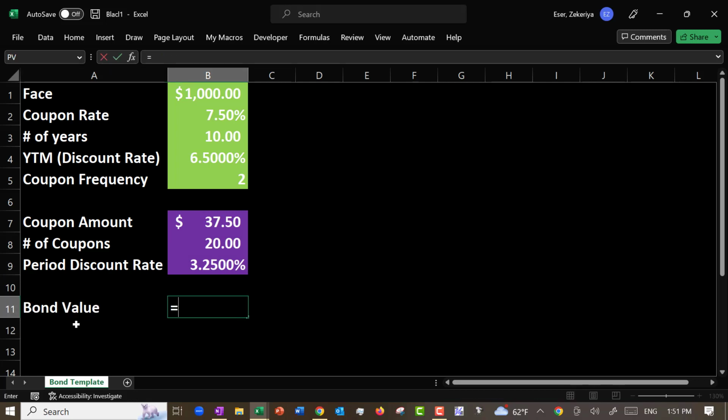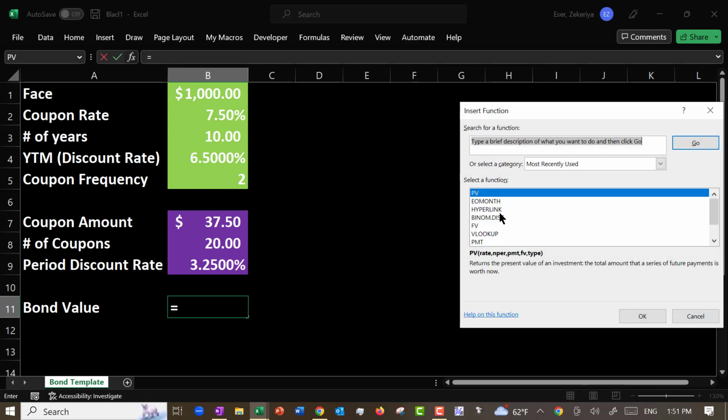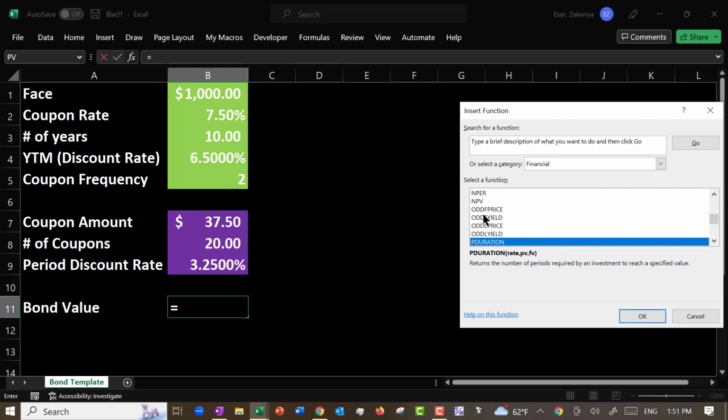If you don't remember the order of the inputs, I already have the function PV, but let's just find it. I type PV and it jumped there. It's kind of a function helper. The rate that I'm using is a period discount rate.